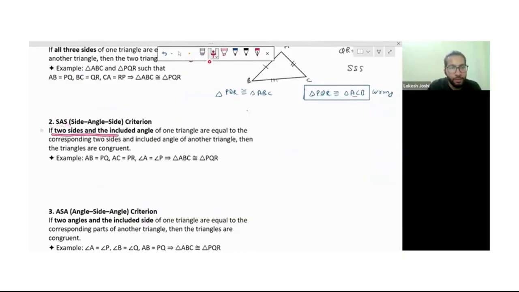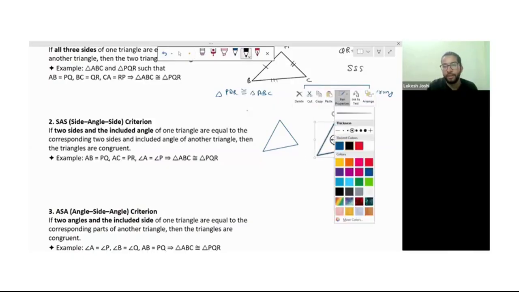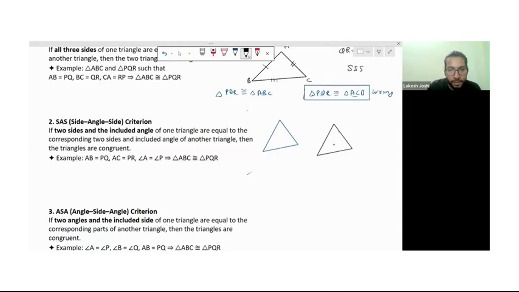If two sides and the included angle of one triangle are equal, which means suppose one triangle is there, and this one is another triangle, and suppose this triangle is ABC and this one is PQR.